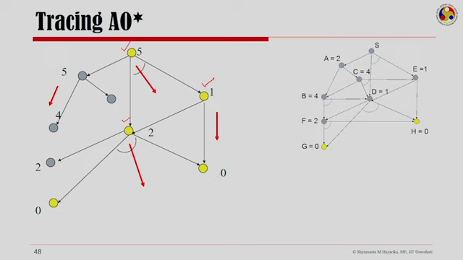The AO star algorithm can be best looked at as 2 intertwined processes: a top down graph growing process that arrives at partial solution graphs, and a bottom up cost revising, connector marking, solve labeling exercise that lets us move from the solution set to the parents one after another, marking them as solved until we reach the start node S and mark it as solved and arrive at the solution of the AND/OR graph.